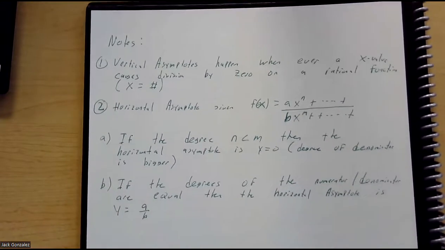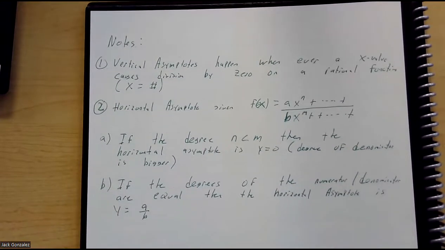So you take the lead coefficient of the top divided by the lead coefficient of the bottom. That's it.